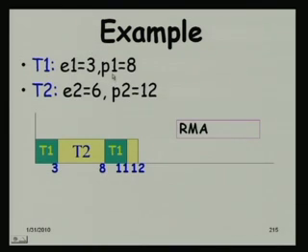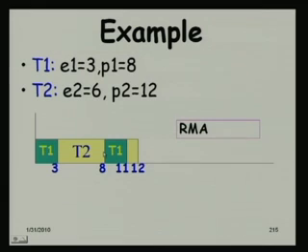No, it runs for 3 and then it runs up to 8 and gets preempted here. That is what we are saying, it is getting preempted here because of the static priority.